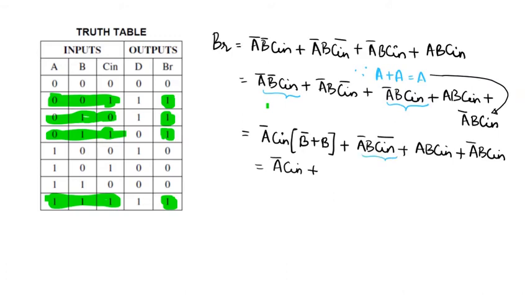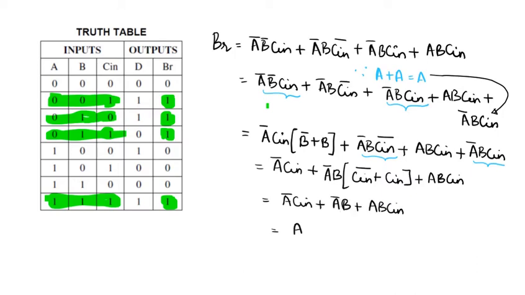So the final expression for the borrow will be equal to A bar B plus B C in plus A bar C in.